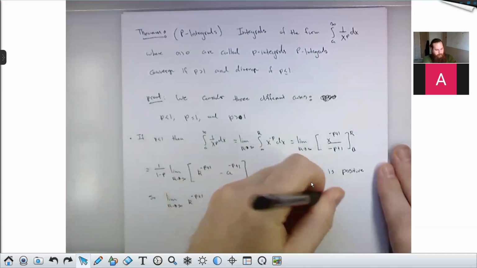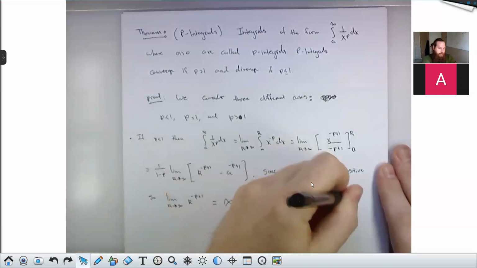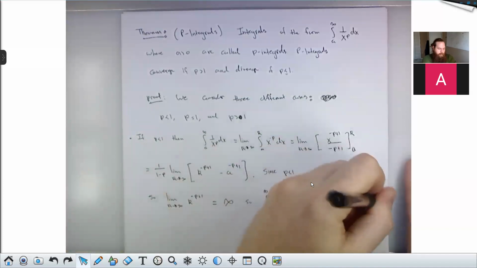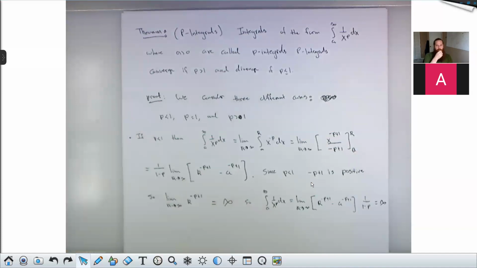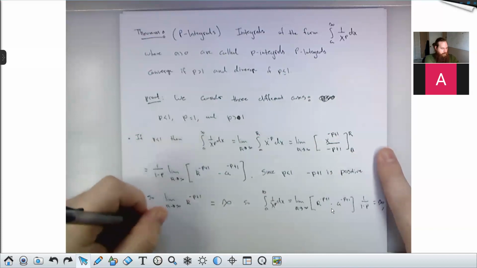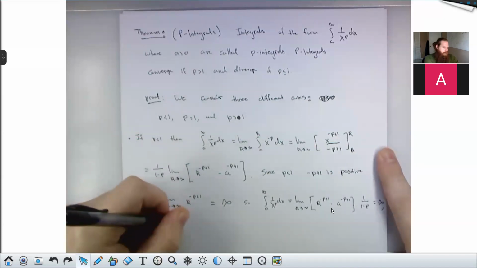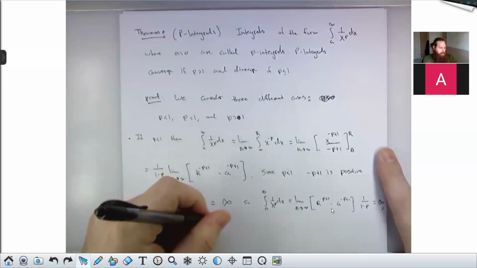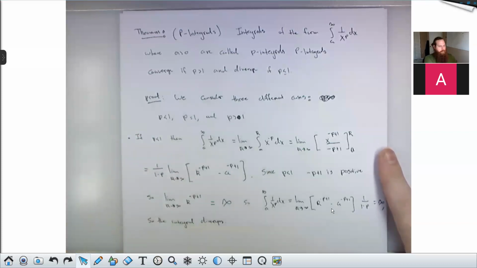R to the negative p plus 1 minus a to the negative p plus 1, times 1 over 1 minus p, is infinity, because this piece is going to infinity and everything else is finite. So the integral diverges.